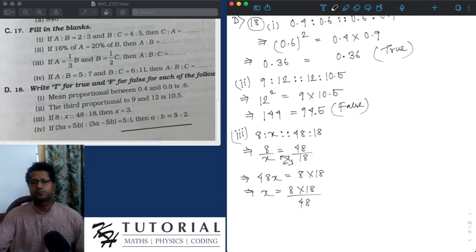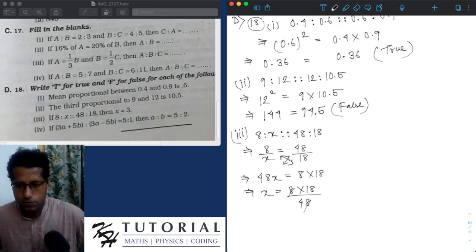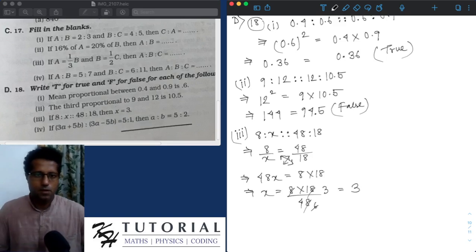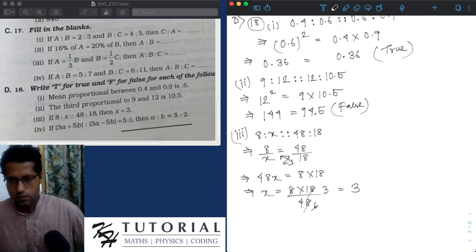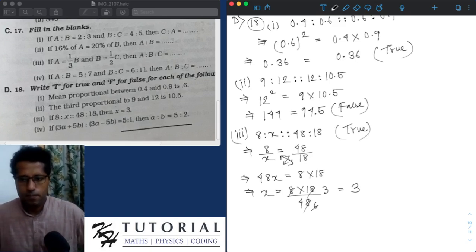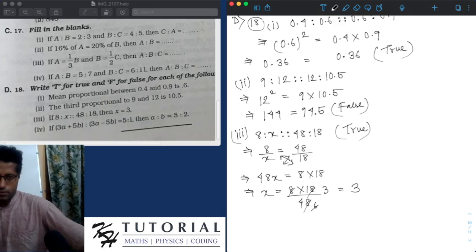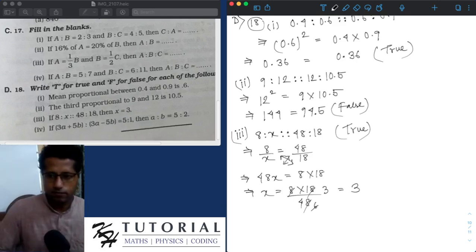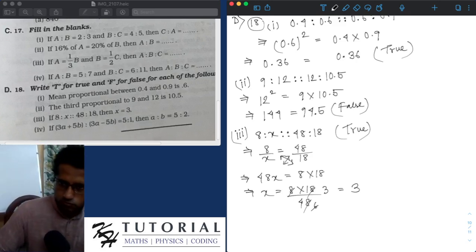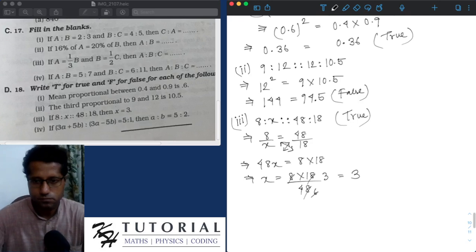Now 8 divides 48 with 6, and 6 divides 18 with 3, so x equals 3, and so it is a correct statement. If 8 is to x equals 48 is to 18, we have found that x equals 3, and that is exactly what the statement is saying.